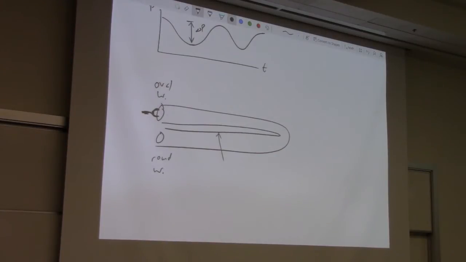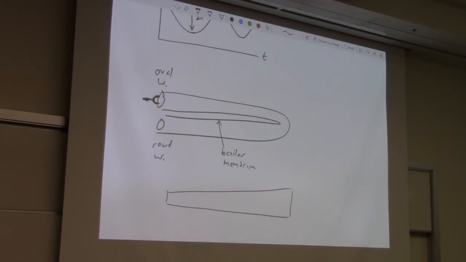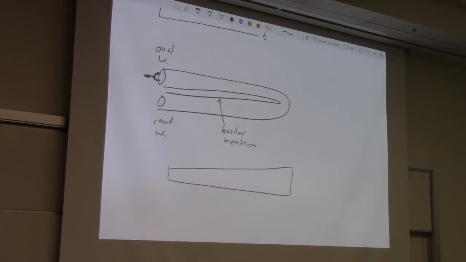Now this membrane in the middle, the basilar membrane, changes both its width, or its thickness, and its stiffness from one side to the other. On the oval window side, we call this the basal side, and we call this the apical side.